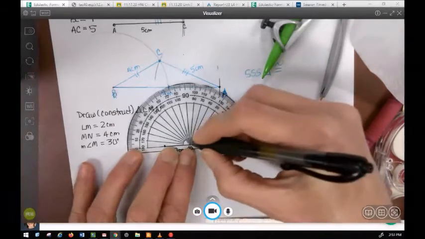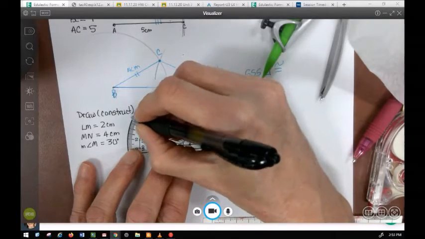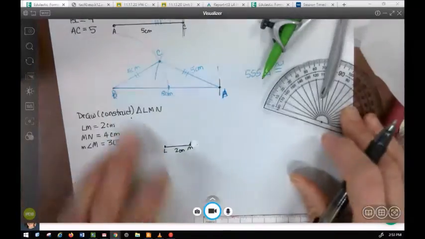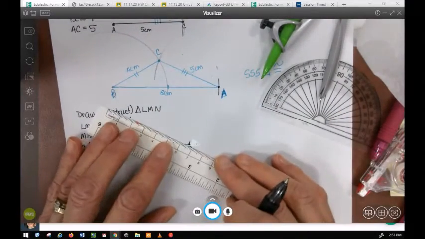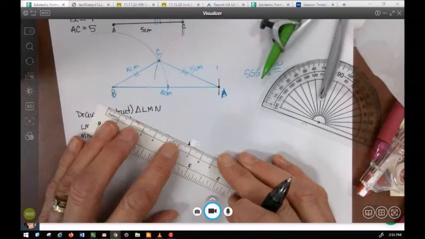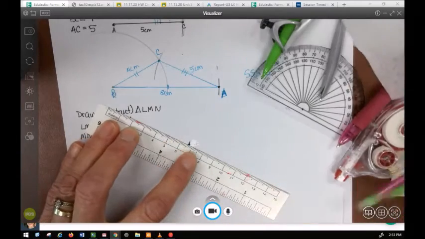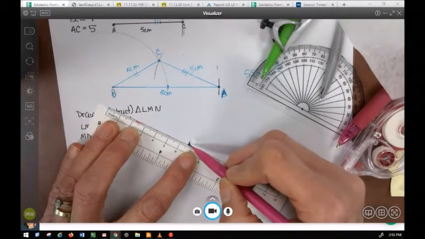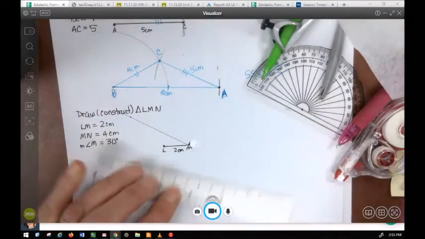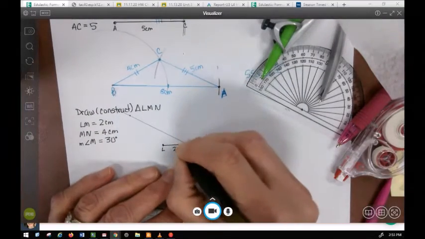So if I'm going this direction, that 30 degree angle is going to be right here. It's going to go through this point. I'm just going to use a pencil for this. So there's my 30 degree angle.